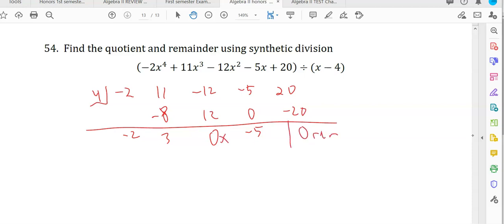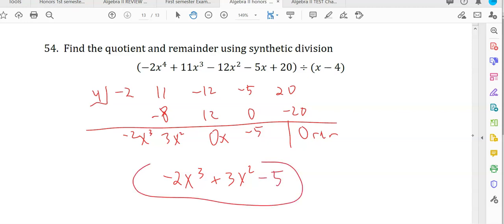This is my x term, this is my x squared term, this is my x to the third term. So I get negative, this is a factor, by the way, plus 3x squared minus 5. And we got it. Wow, took a while. There we go.